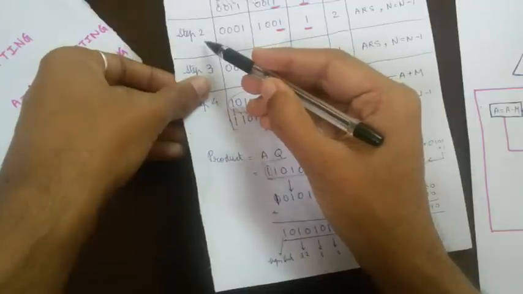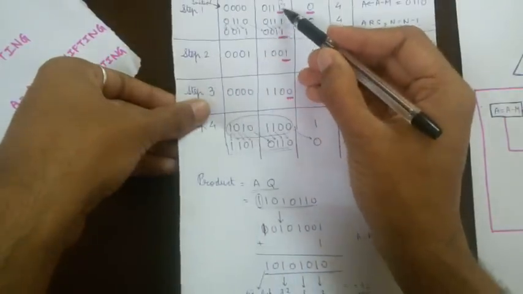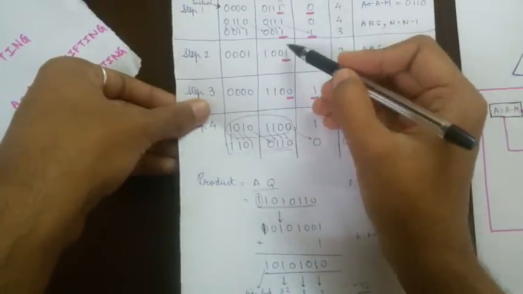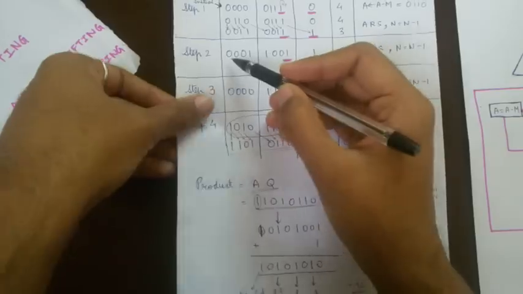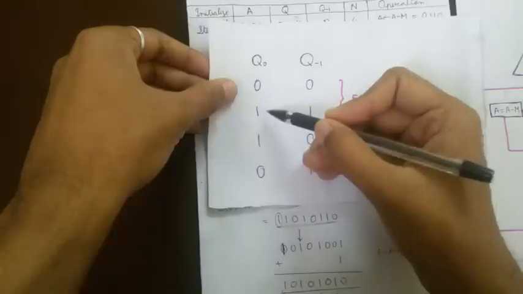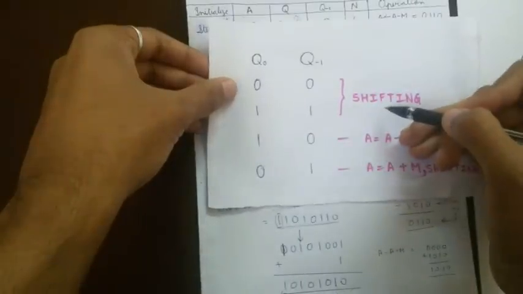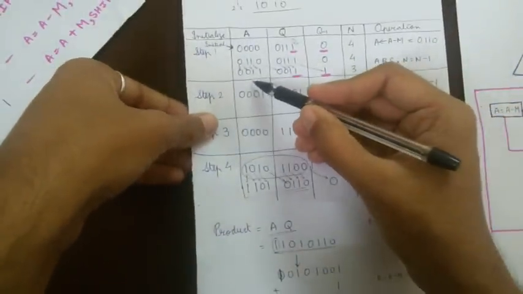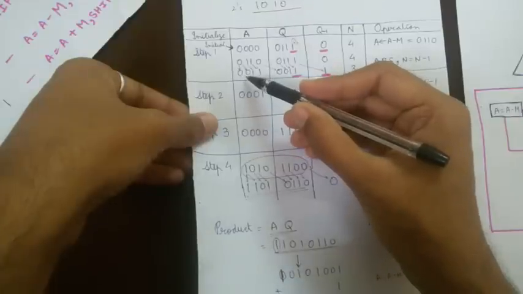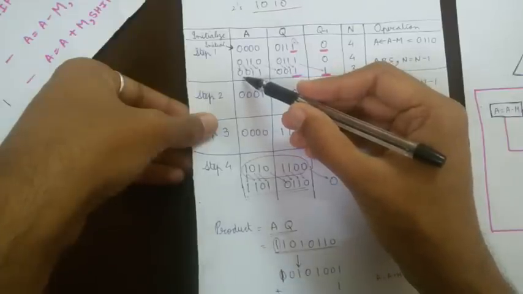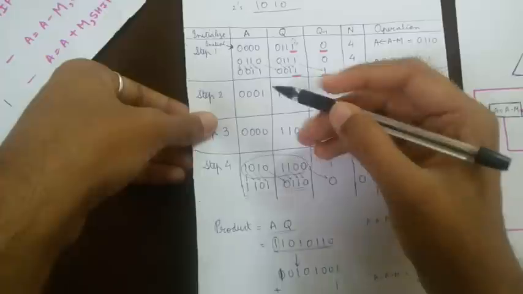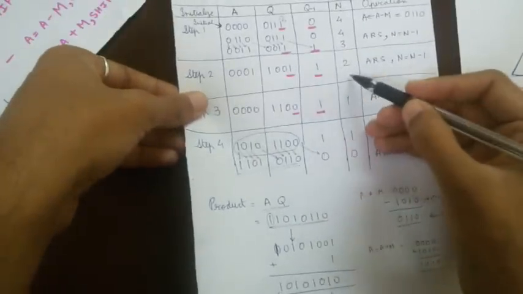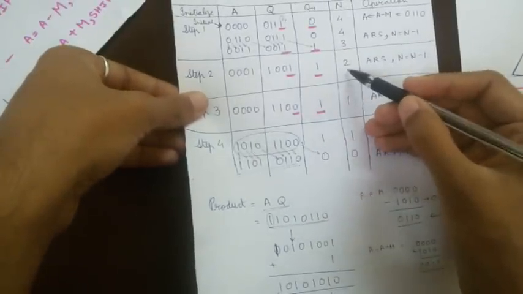Now for step 2, you can see that the value of Q0 and Q minus 1 is 1 1. So as per our rule, when the value is 1 1, we perform the shifting operation. So we will just shift each bit by 1 to the right, and the value of n gets decremented by 1 to 2.